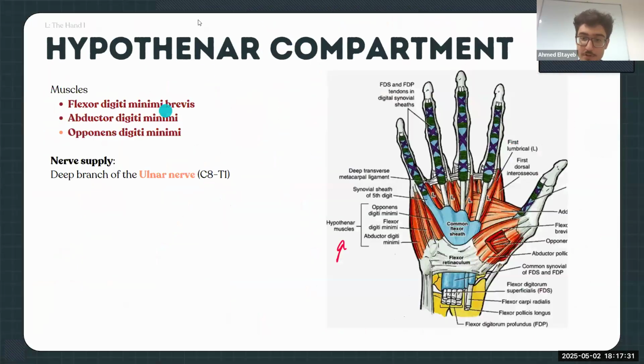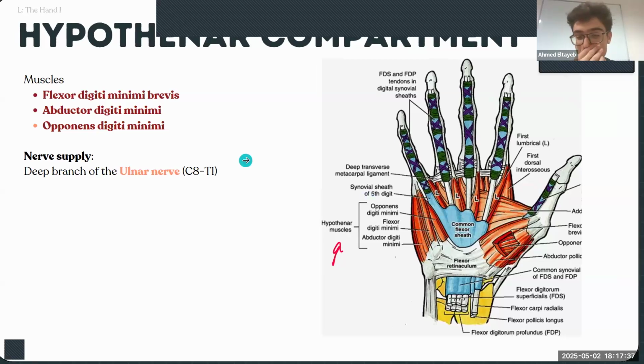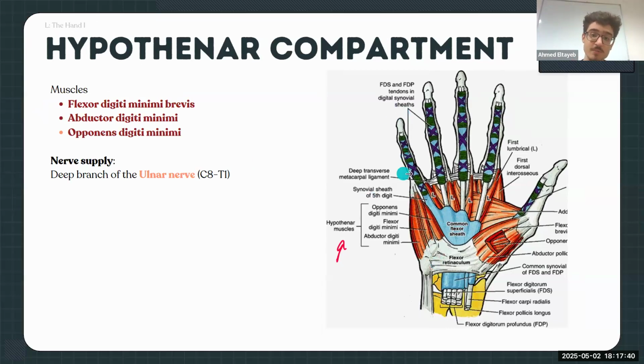Now let's talk about the hypothenar compartment, which will be your region right here. Now your hypothenar, you also have three muscles. You have flexor digiti minimi brevis, abductor digiti minimi, and opponens digiti minimi. Flexor digiti minimi brevis. Where did we ever discuss a flexor digiti minimi longus? Here's the thing, we haven't, because it's not in the forearm.